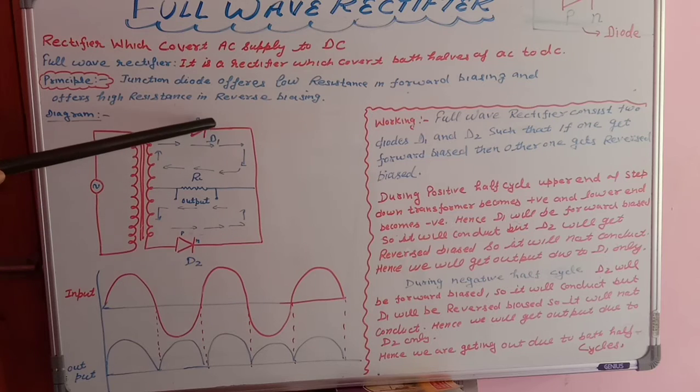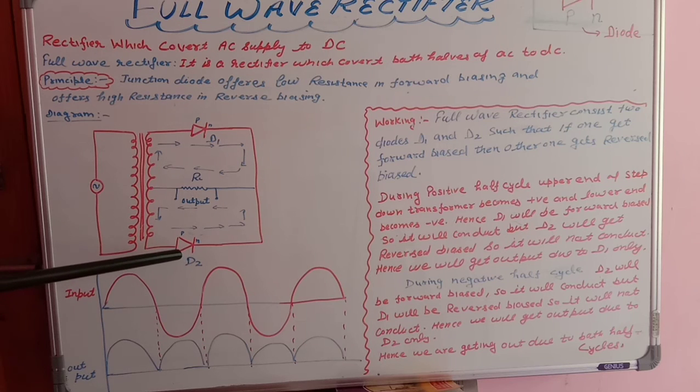Obviously negative will be connected with negative, but what about D2? This end is negative and here negative is connected with P, so that means D1 is forward biased, because in D1 the P section is connected with positive. But in D2 the P section is connected with negative.